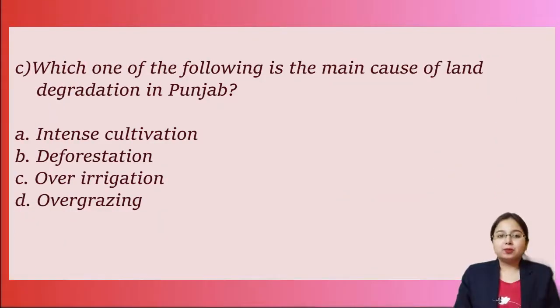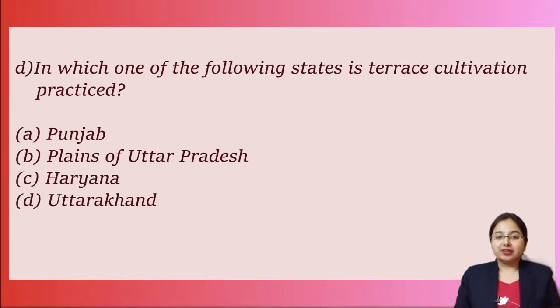Let's move to question number 4. Question number 4 says, in which of the following states is terrace cultivation practiced? Let me remind you that terrace cultivation is one of the steps to conserve the soil. It is one step that is taken to preserve the soil from soil erosion or soil degradation.